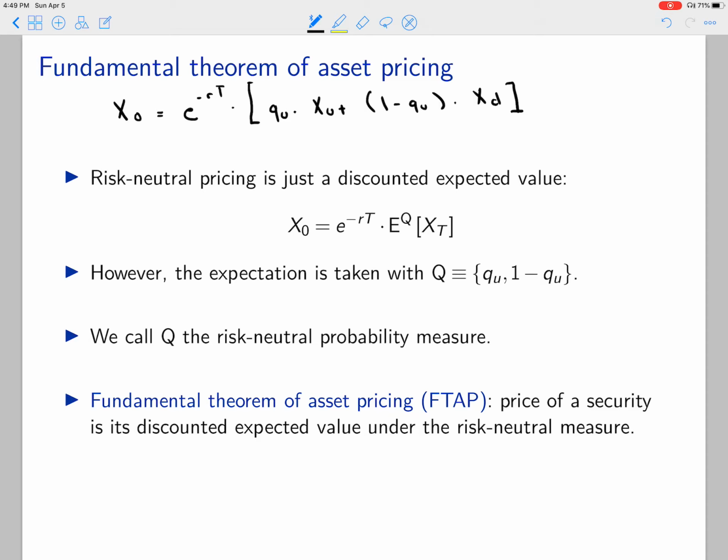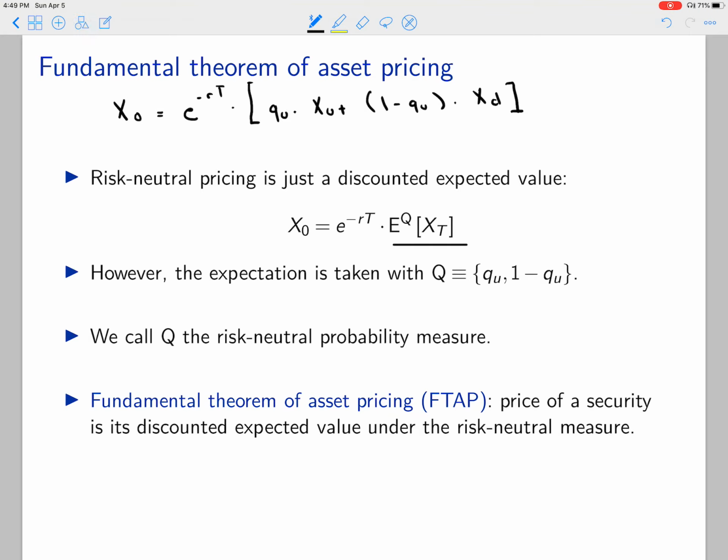We interpreted this as a discounted, risk-neutral, weighted average payoff, or expected payoff. The shorthand notation for a risk-neutral expected payoff is e to the q of xt.